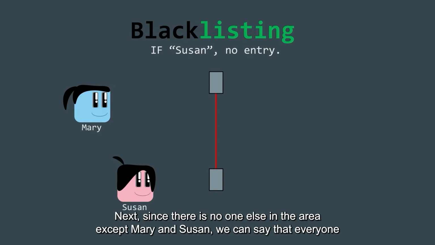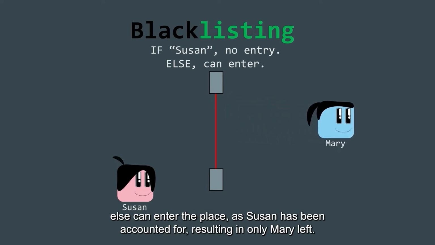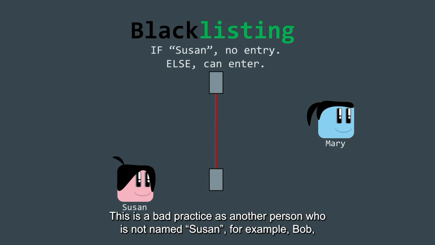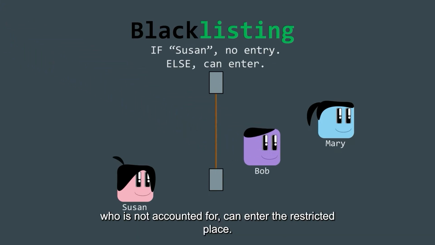Next, since there is no one else in the area except Mary and Susan, we can say that everyone else can enter the place, as Susan has been accounted for, resulting in only Mary left. This is a bad practice, as another person who is not named Susan, for example, Bob, who is not accounted for, can enter the restricted place.